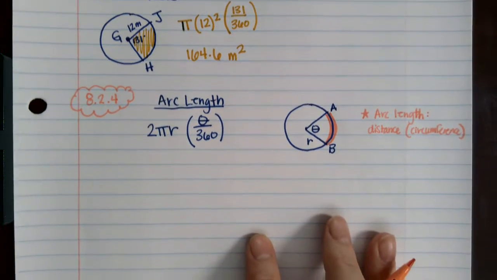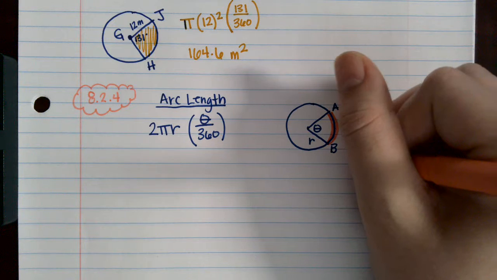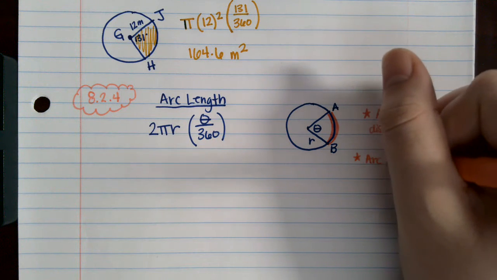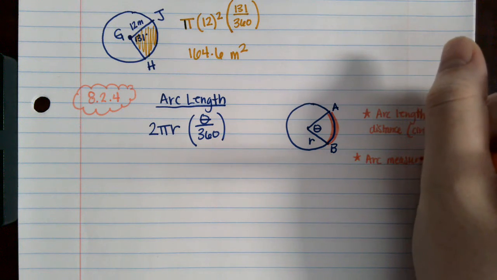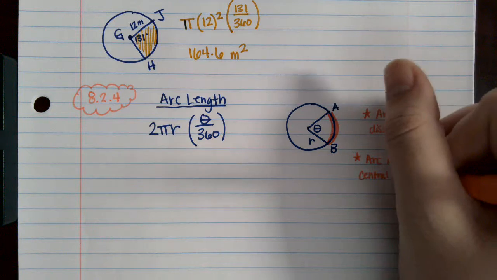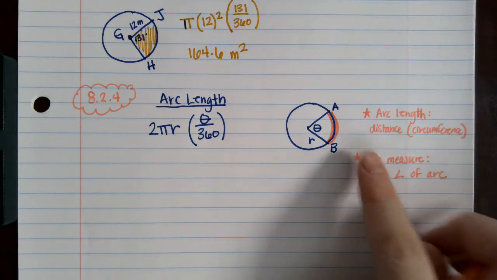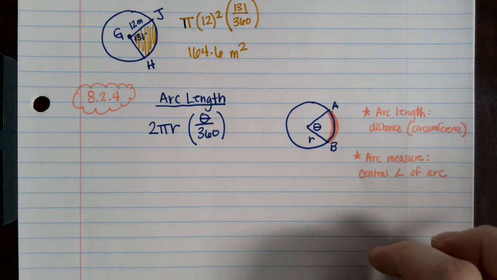So arc length is like the distance around here. Arc measure, which sounds similar, but it's not. Arc measure is the central angle of the arc. So it's a little confusing to know the difference, but once you get some practice with it, you'll see.